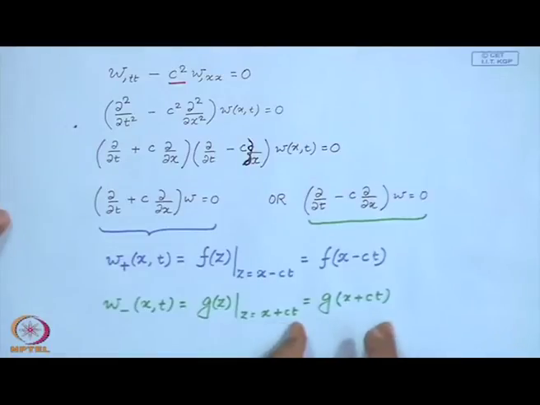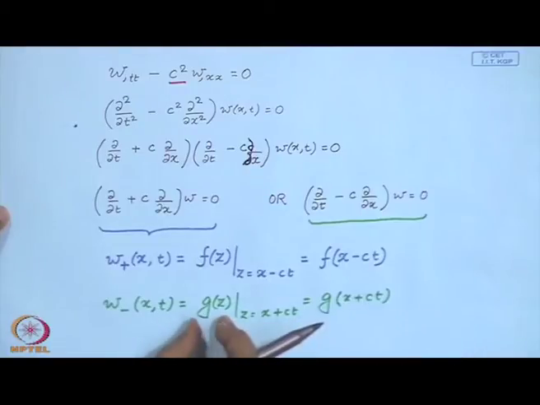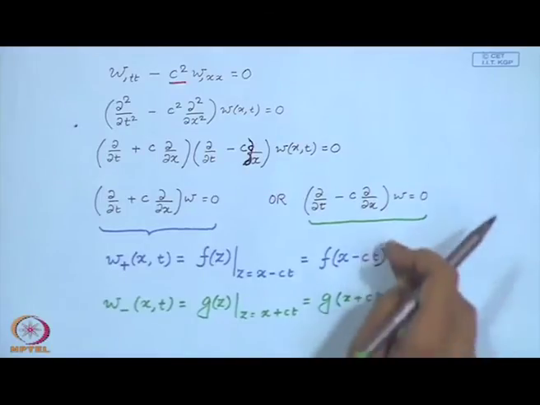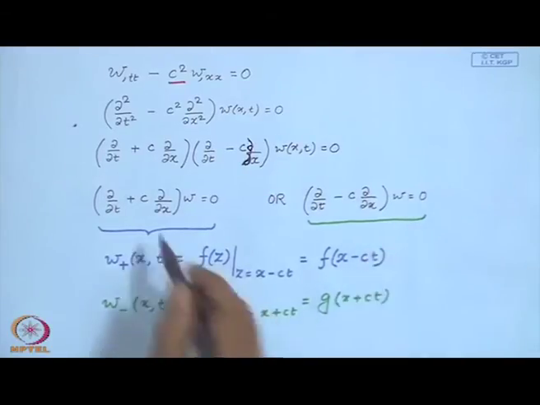In this case the function or the wave pulse which is represented by g of z now travels in the negative x direction.